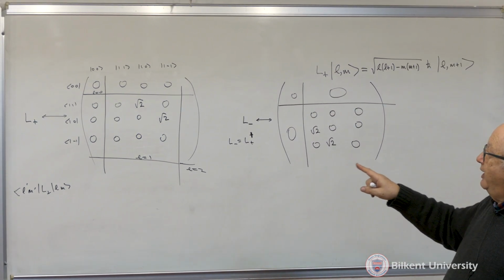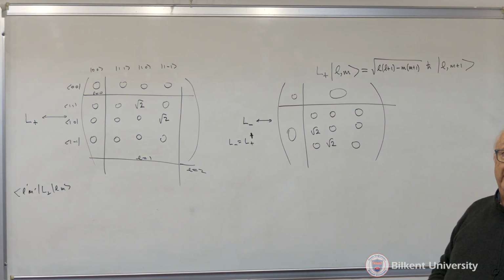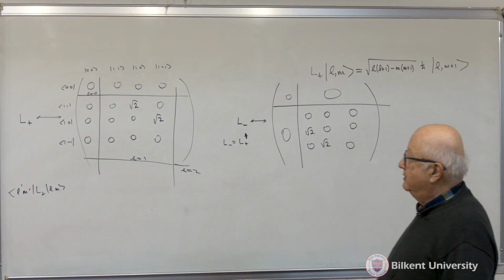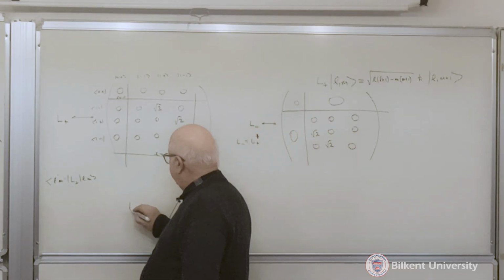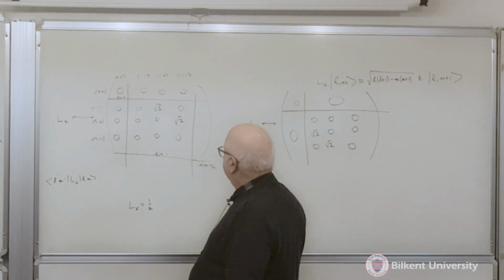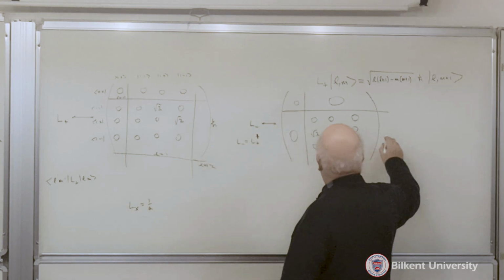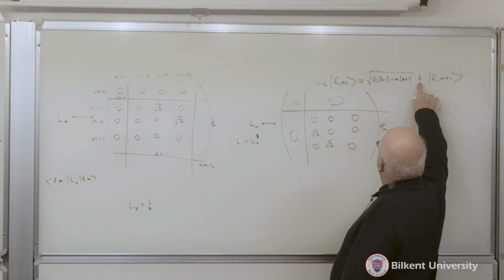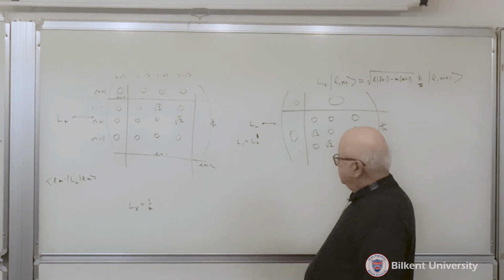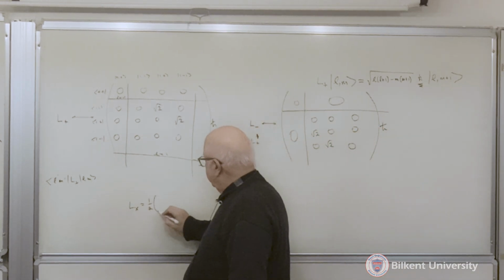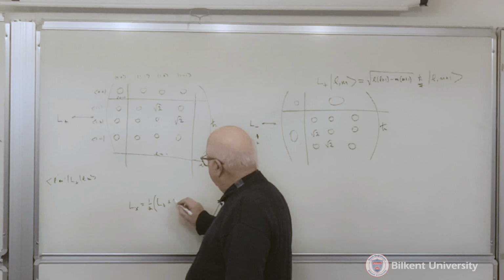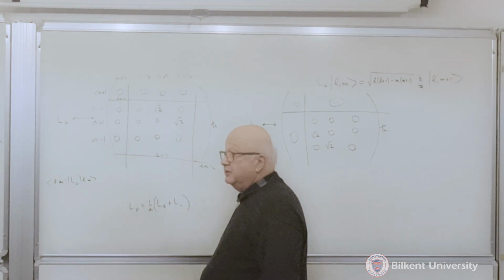So now that I have that, I can finally find out what Lx is. By the way, we shouldn't forget the h bars; in both cases, I have an h bar here. Lx is 1/2 (L plus plus L minus).